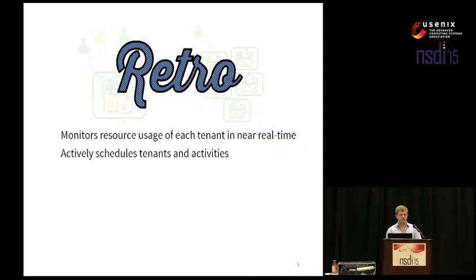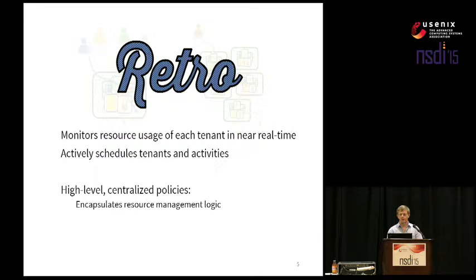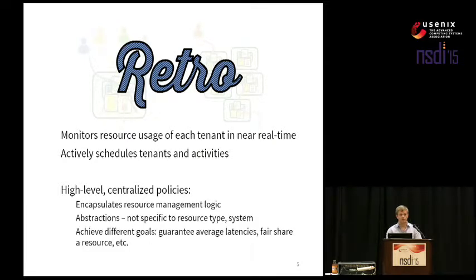Those goals are specified as high-level centralized resource management policies that encapsulate the logic of resource management independent of the underlying resources or system implementation specifics. Retro provides 3 novel abstractions to make it easy for us to write these resource management policies. And in the paper, we present 3 resource management policies to achieve different goals, for example, to provide a guaranteed average latency to a user.